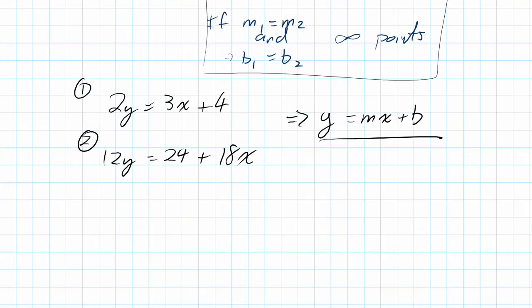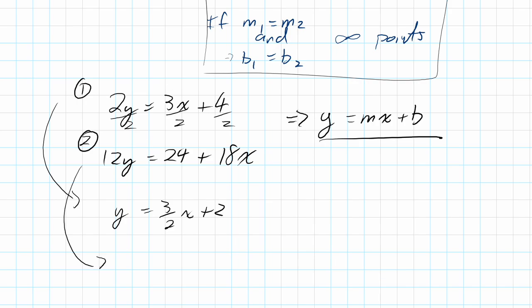To quickly show you that, I'm going to do it down here. This one, I wanted to get all equal to y, so I'm going to divide everything by 2. This becomes y equals 3 over 2 x plus 2. And this one here, I'm going to divide everything by 12. y equals 24 over 12 plus 18x over 12.